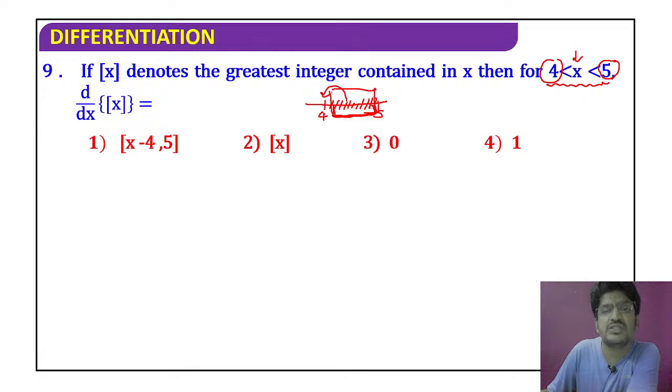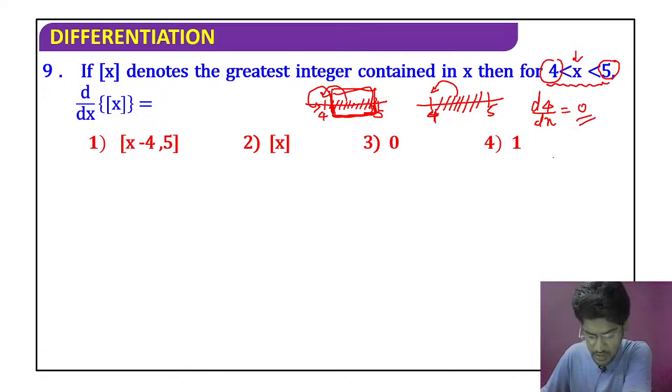The output will be 4. If the output is 4, what is the differentiation of 4? It is a constant term. The answer will be 0.